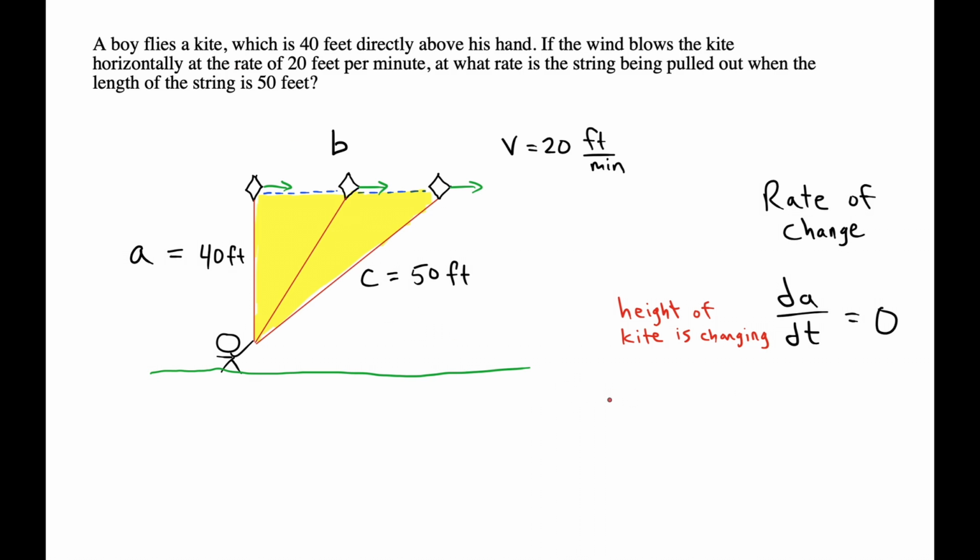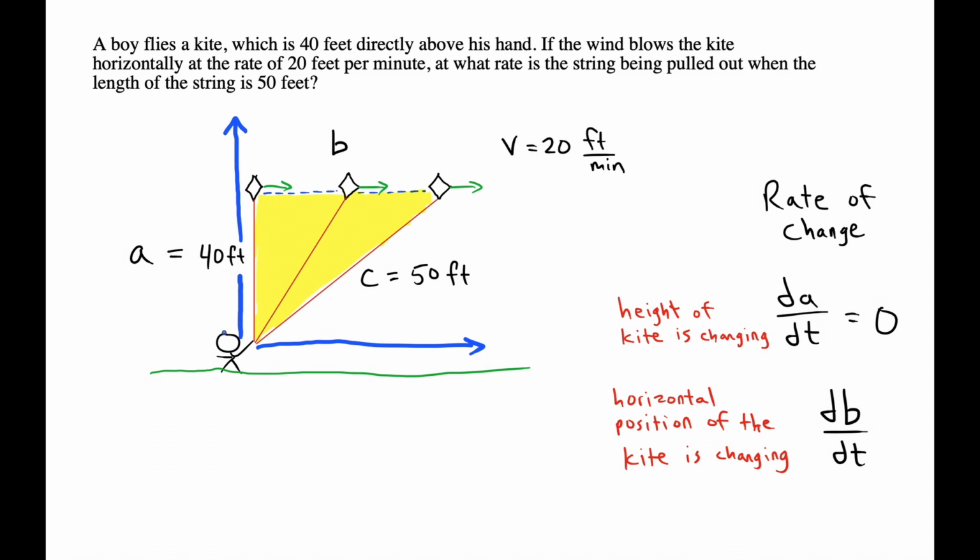We also want to know how is the horizontal position of the kite changing. This could be called dB over dt. And so in this case, if we had a coordinate system established in this problem, the person could be considered to be at the origin, and this could be a y-axis, and this could be an x-axis. So basically B is equal to the variable x.